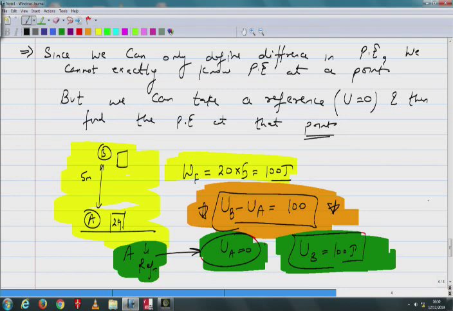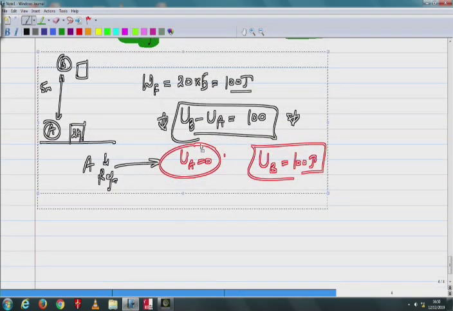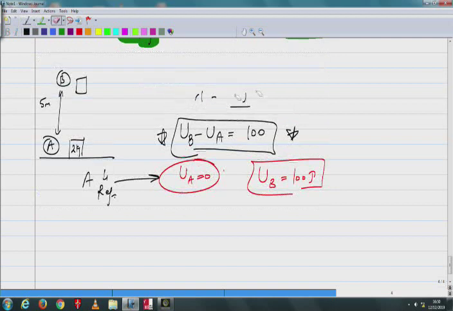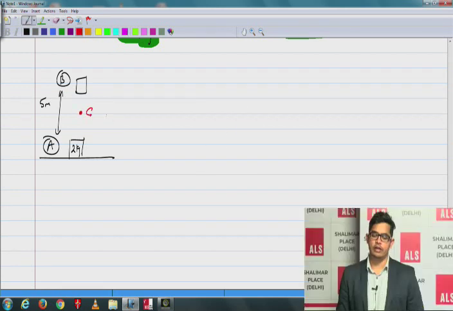Sir, what if 3 points are given? Okay, let's say there was a point C as well. Maybe I'll do it on the next page. Let's remove all this and say we have 3 points, with a point in between, this is C, at a height of, let's say, 2 meters.